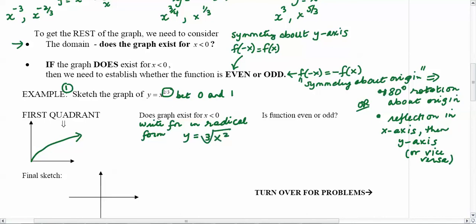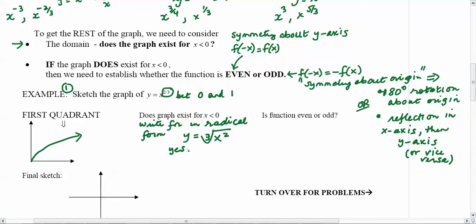So I'm writing it now in radical form, and I've chosen to square first and take the cube root. Will there be an output when x is negative? Yep. Put a negative number in, square it, it's positive, and I can take the cube root of that for sure. I can take the cube root of anything, actually, positive or negative. So the answer to that is yes.